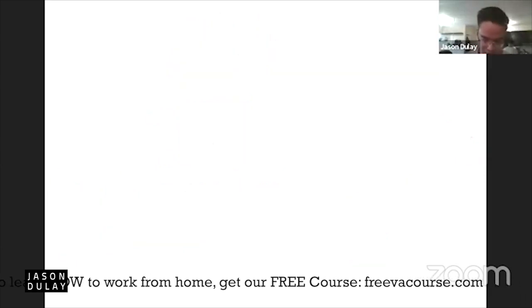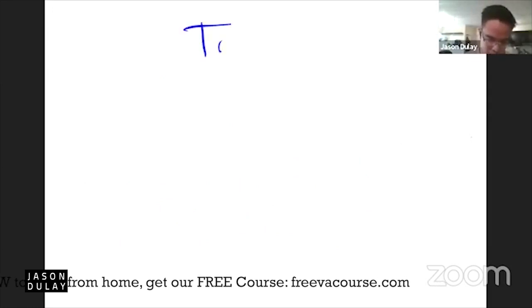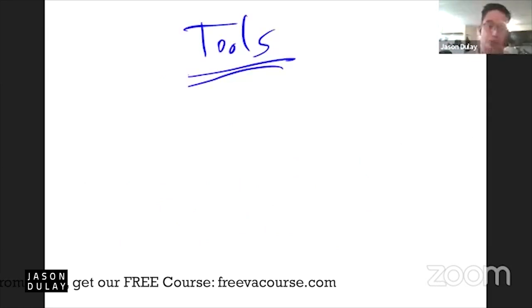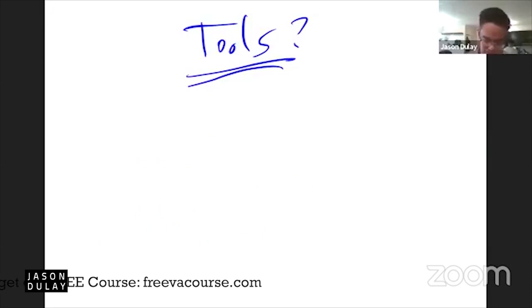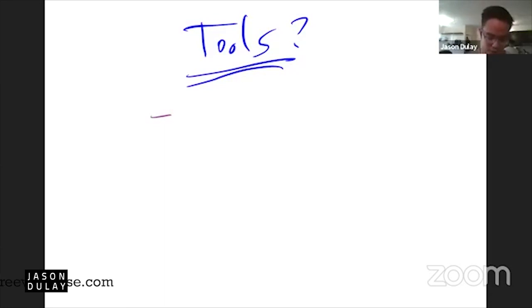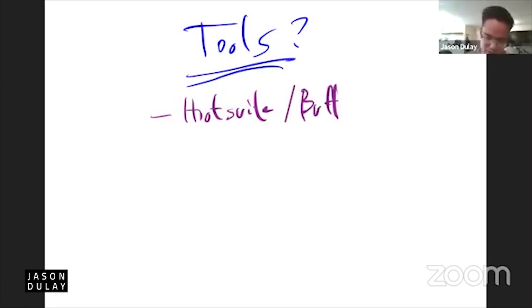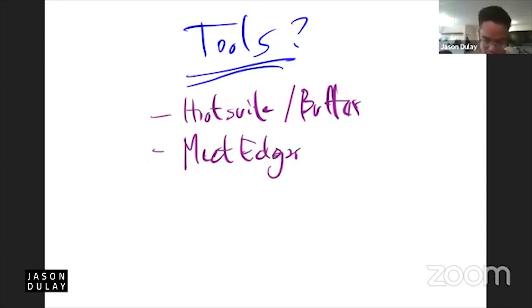Okay. Let's move on to the different tools. What are the different tools that social media strategists should have? Well, we do have the standard social media tools. We have Hootsuite. If you don't know what that is, it's Hootsuite. We have Buffer. These are very common tools that help schedule posts in social media and so on. We have Meet Edgar. This is another tool, Recurpost, Meet Edgar or Recurpost.